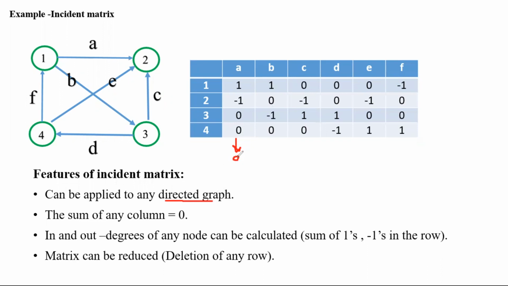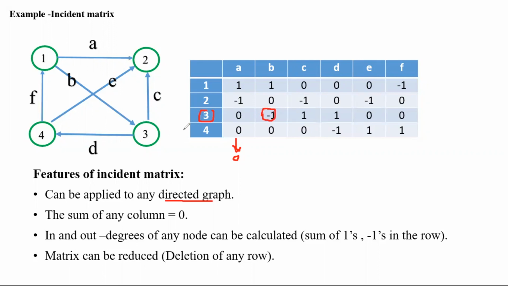In and out degrees of any node can be calculated. For example, if we take node 3, do you see, the in degree of node 3 is 1, represented by the -1 here.